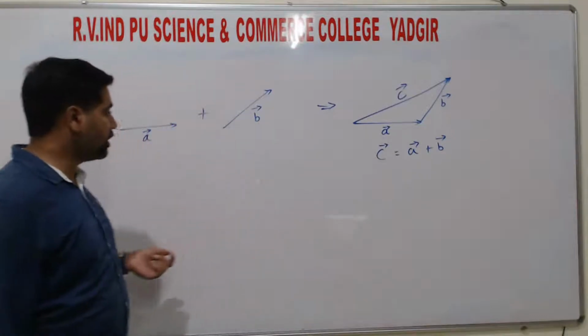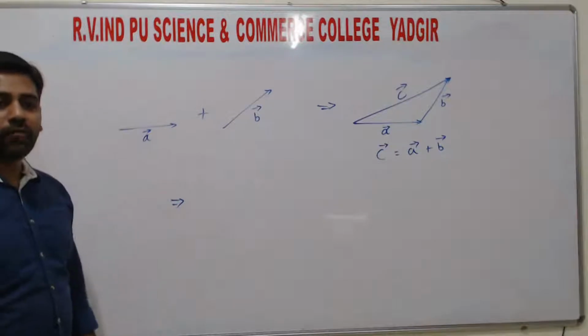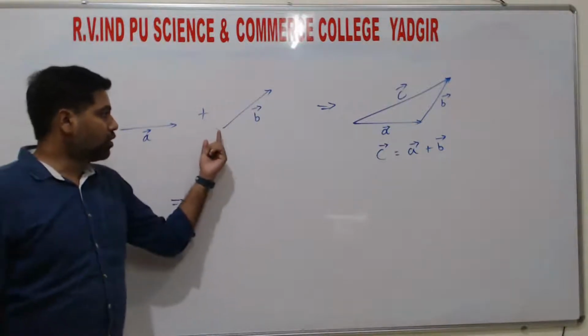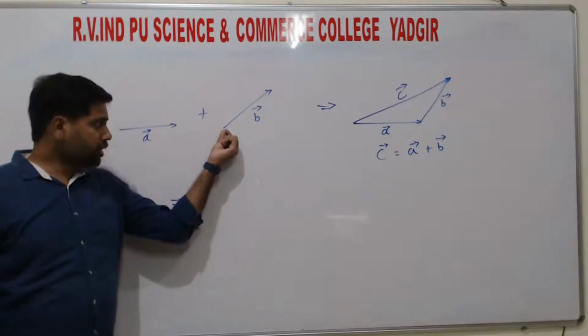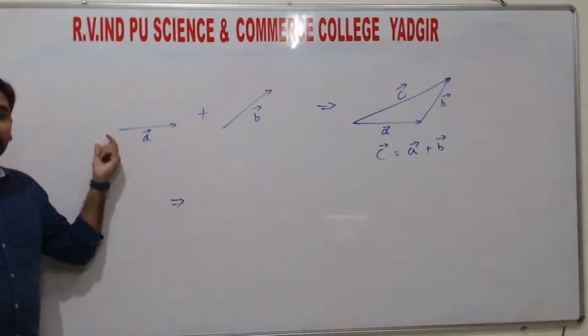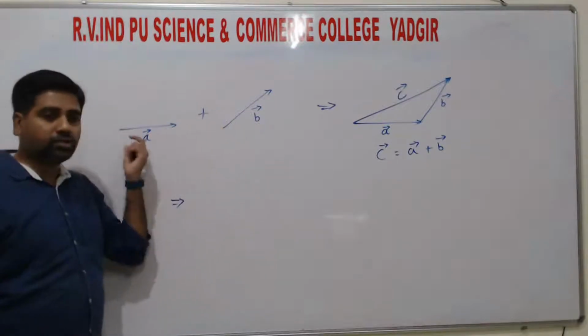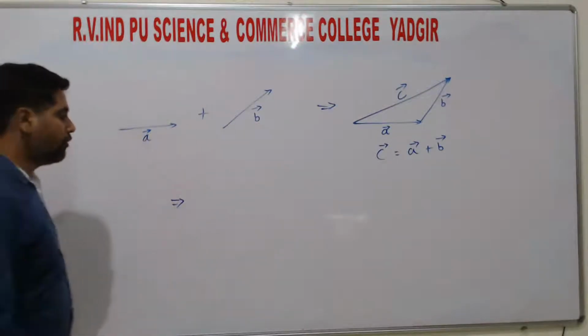In the same way, we can add these two vectors by the parallelogram law of addition. In the parallelogram law of addition, the tail end of one vector is joined with the tail end of vector A. Then these two vectors become co-initial vectors.